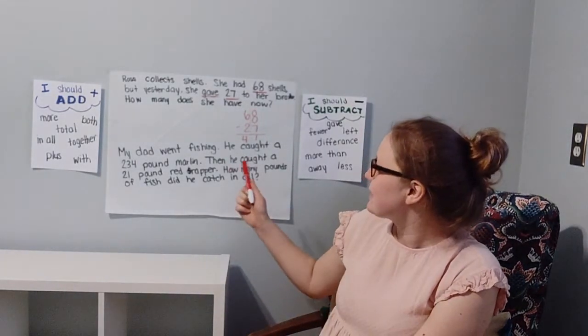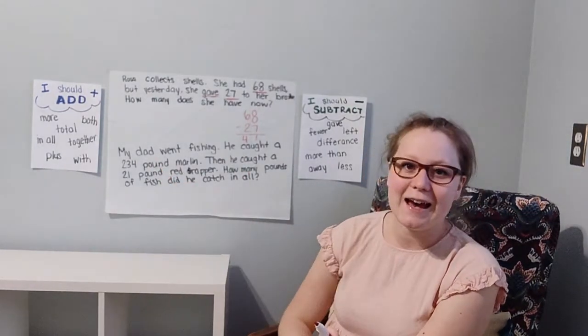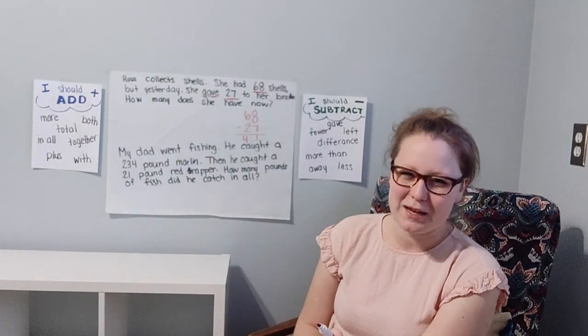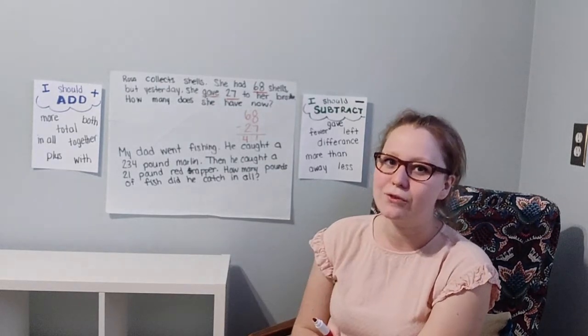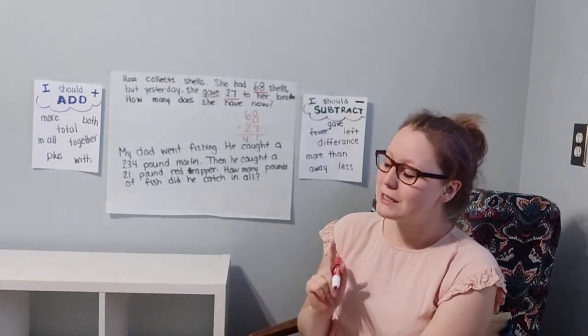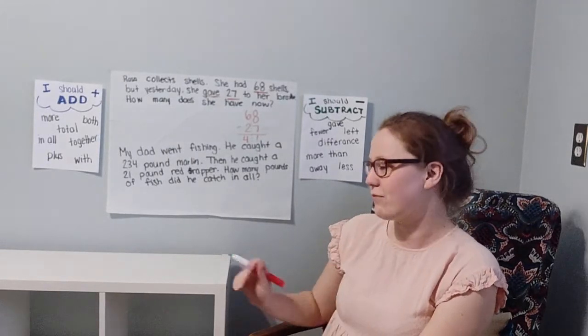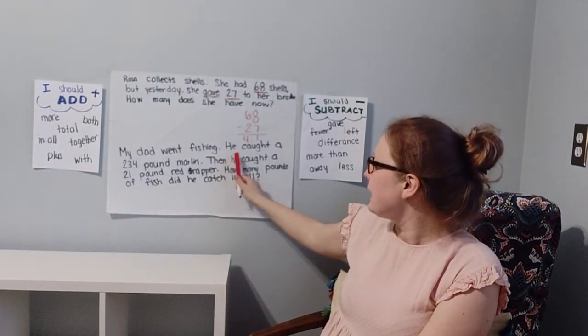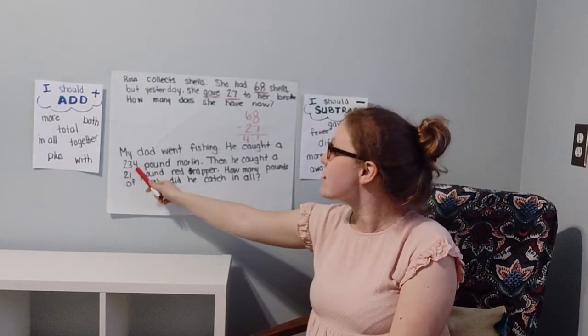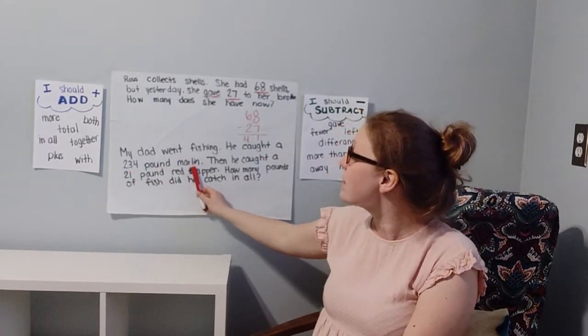The next question says this: my dad went fishing. Is that important information? Is it going to help us figure out if we're adding or if we're subtracting? It's not. It's interesting, but it's not important information. He caught a 234-pound marlin.